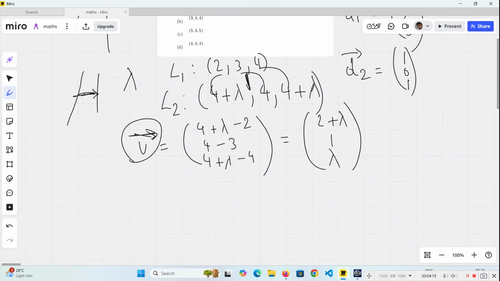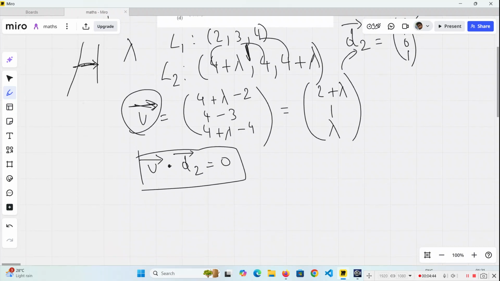Now this vector is orthogonal to d2, this direction. According to the property, the dot product of an orthogonal vector and the direction vector will be 0. So we will use this concept.